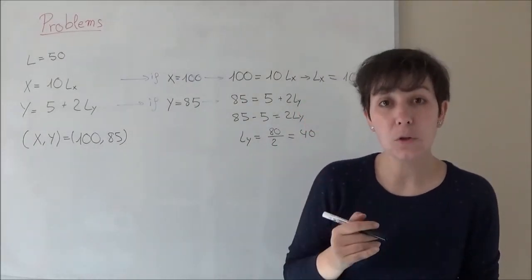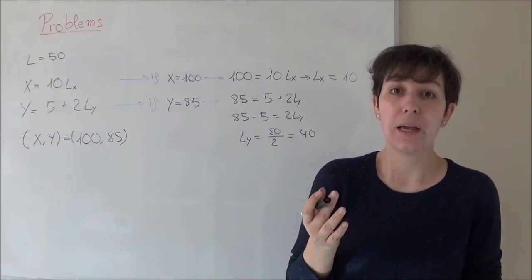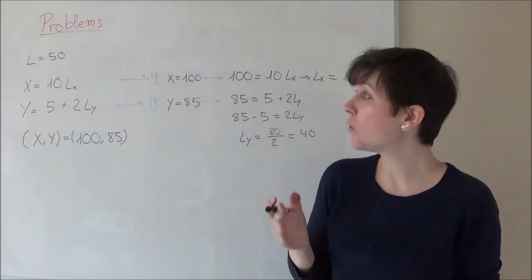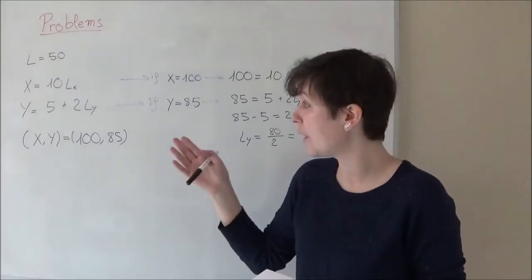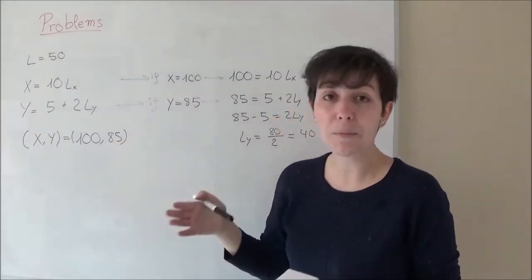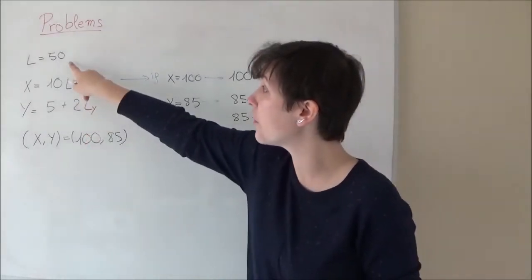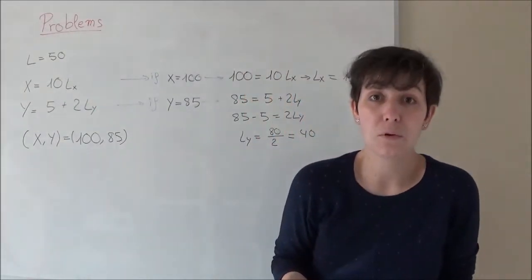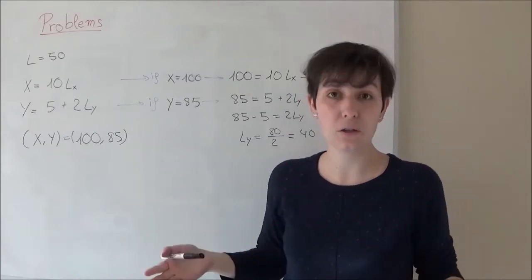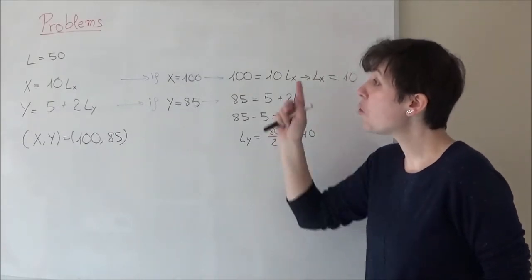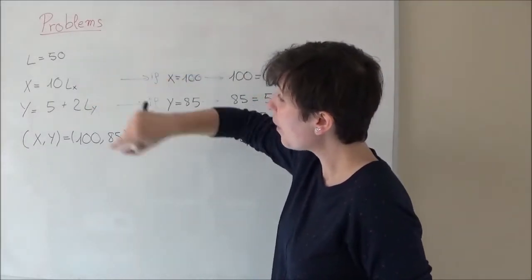So, is that possible? It is going to be possible as long as the total number of labor that you are using to produce each good is smaller or equal to the total labor. If we need more labor than the actual labor we have in that economy, it's not possible. So let's go back to the production function.